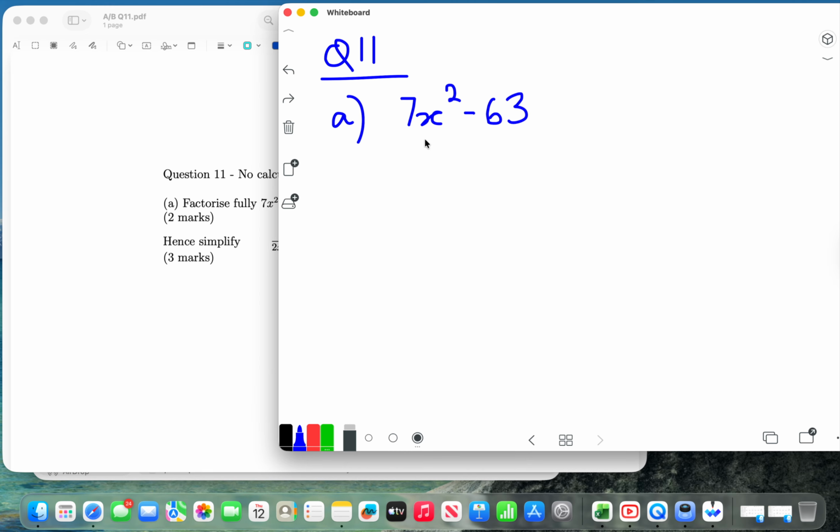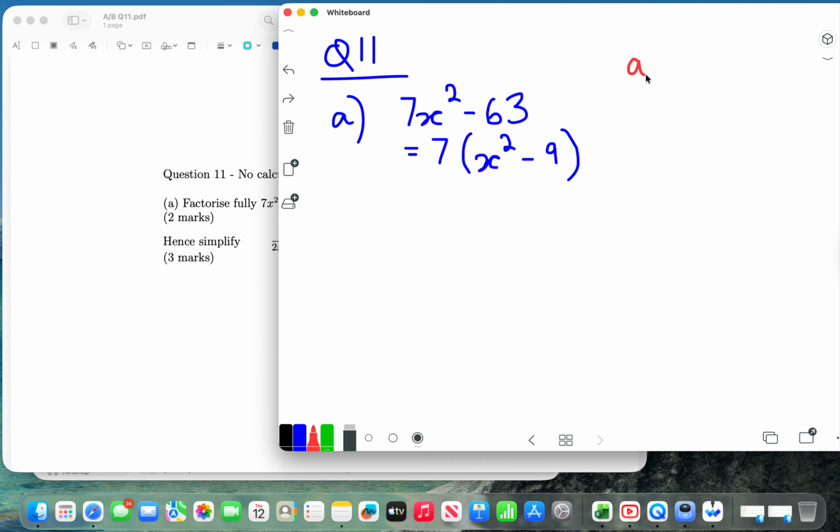So if we take out 7, inside the bracket we get x squared minus 9. The next thing you want to check for is, is it a trinomial?